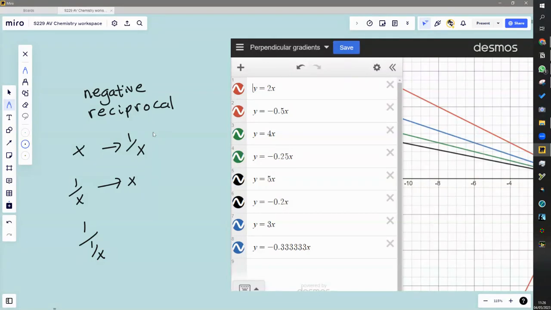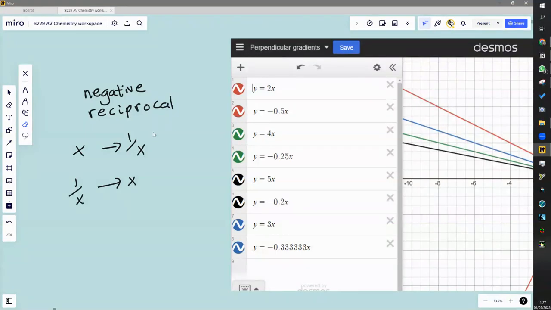When you divide, we'll leave that for another lesson, but basically if you do 1 over 1 over x, it gives you x, and then 1 over x is just 1 over x.